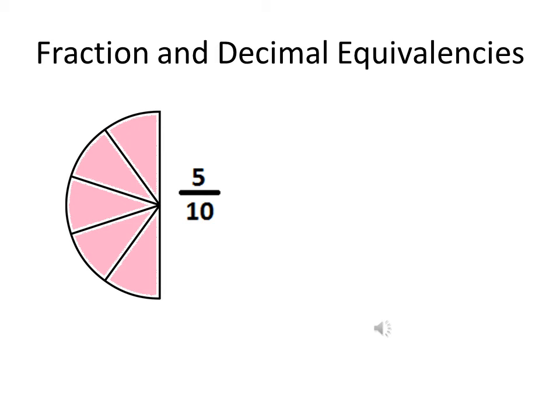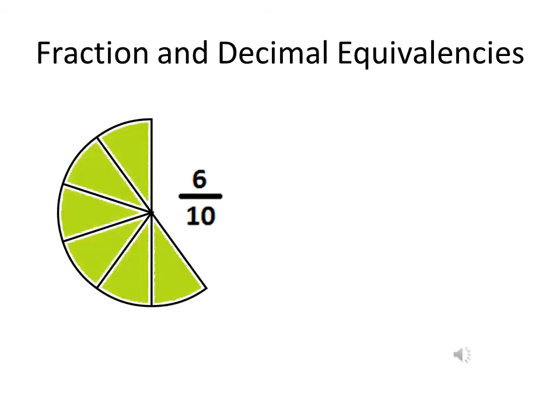If we cut the circle into 10 sections, here are some fraction and decimal equivalencies based upon 10 equal parts. 5/10 is written as 0 and 5/10. 6/10 is written as 0 and 6/10.